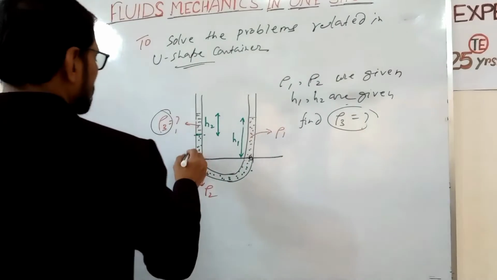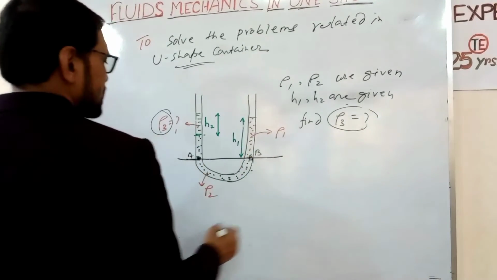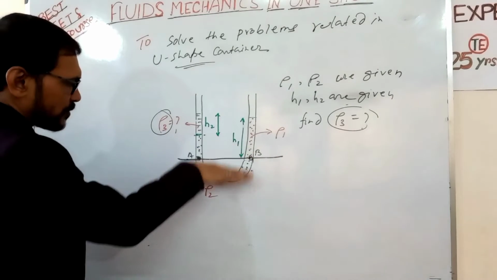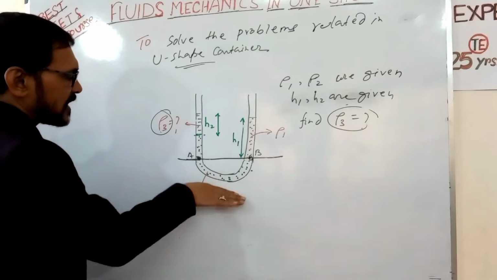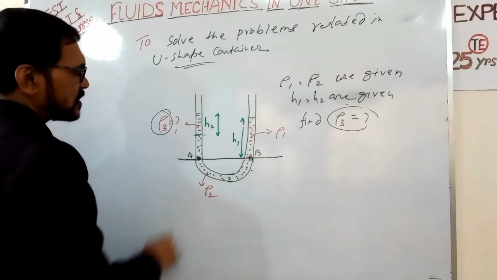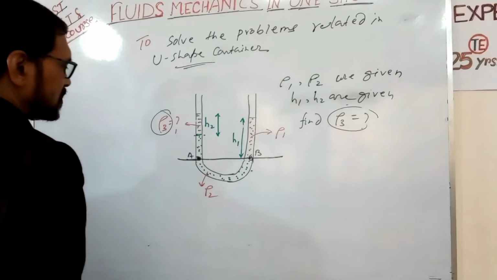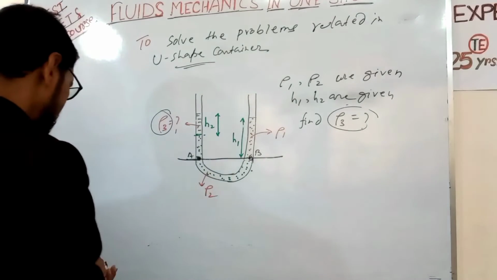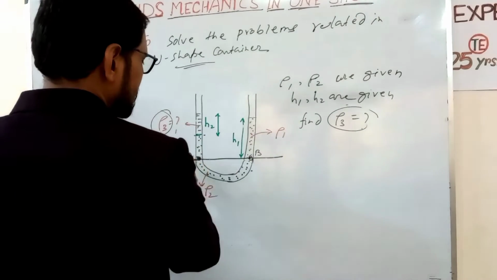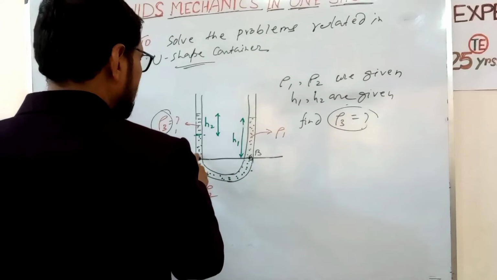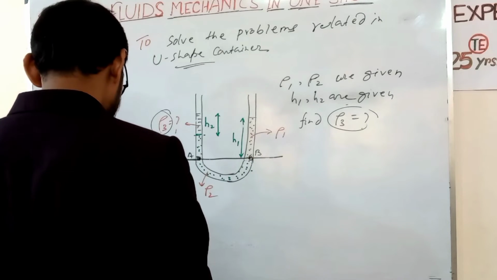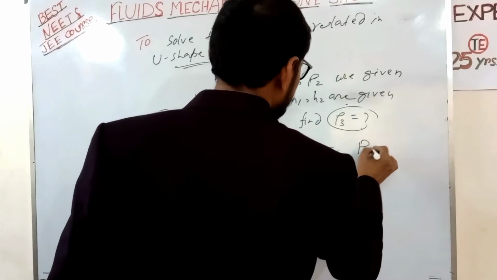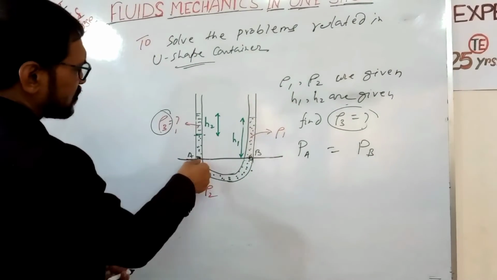So take two points, suppose A and B. This is a horizontal line, and below this line there is the same liquid, so we take pressure at A equal to pressure at B.